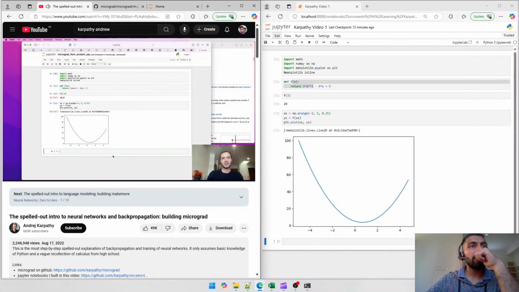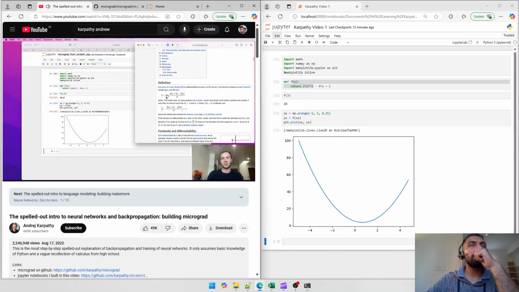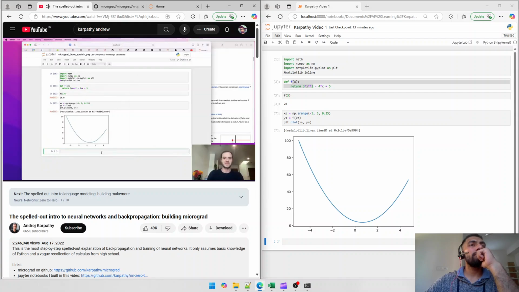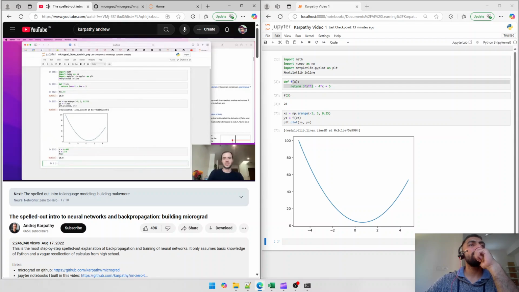And that's the slope of that function, the slope of that response at that point. And so we can basically evaluate the derivative here numerically by taking a very small h. Of course, the definition would ask us to take h to 0. We're just going to pick a very small h, 0.001. And let's say we're interested in point 3.0. So we can look at f of x, of course, as 20. And now f of x plus h. So if we slightly nudge x in a positive direction, how is the function going to respond?